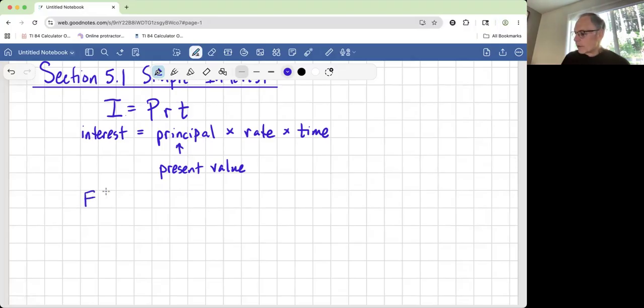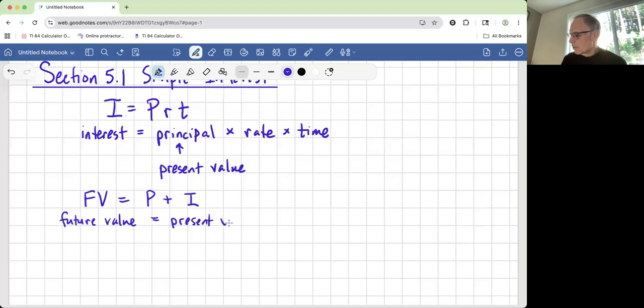we'd use this formula. Future value equals present value plus interest. Okay, and we just learned that interest was PRT. So what we could do is simplify this formula by writing PRT in for interest.